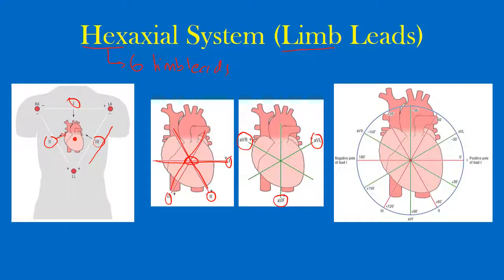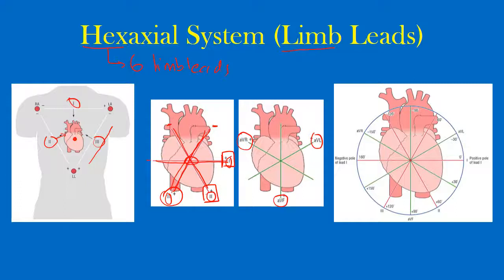In other words, this positive end gets lead 1, so the negative side would be here. This lead 2 is the positive end, and this would be the negative end of lead 2. The negative end of lead 3 would be here, and its positive end down here. And this is also true for leads AVR, AVL, and AVF.